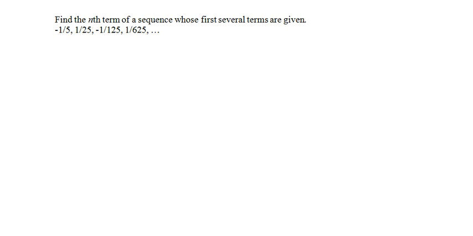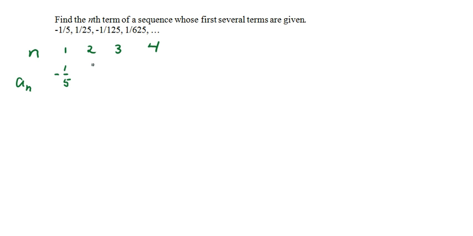Here we are given the first four terms of a sequence and asked to find its nth or general term. And so first of all, we will have n equals 1, 2, 3, 4, etc. And our a sub n in the first case is negative 1/5.